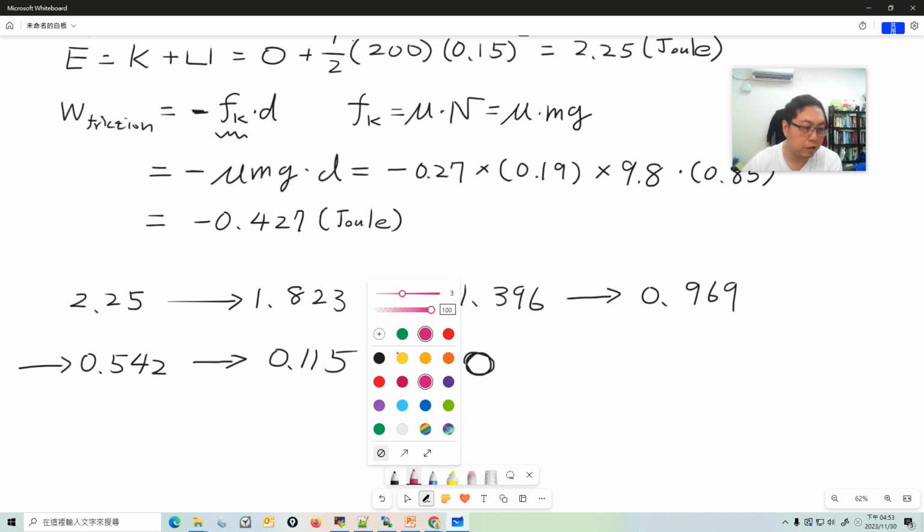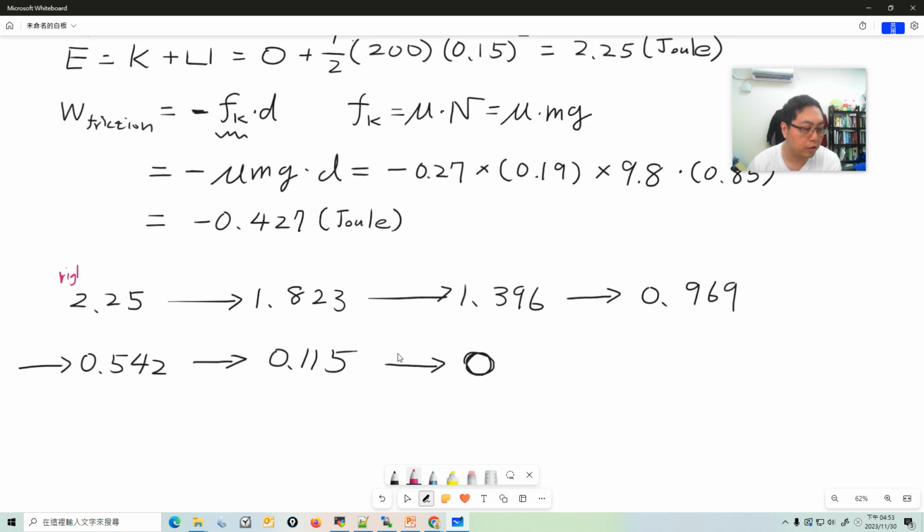This is the starting point right after releasing, and then it passes the first time. The first time, it's climbing up the surface, and then it goes back to the horizontal surface and passes through the rough surface again.